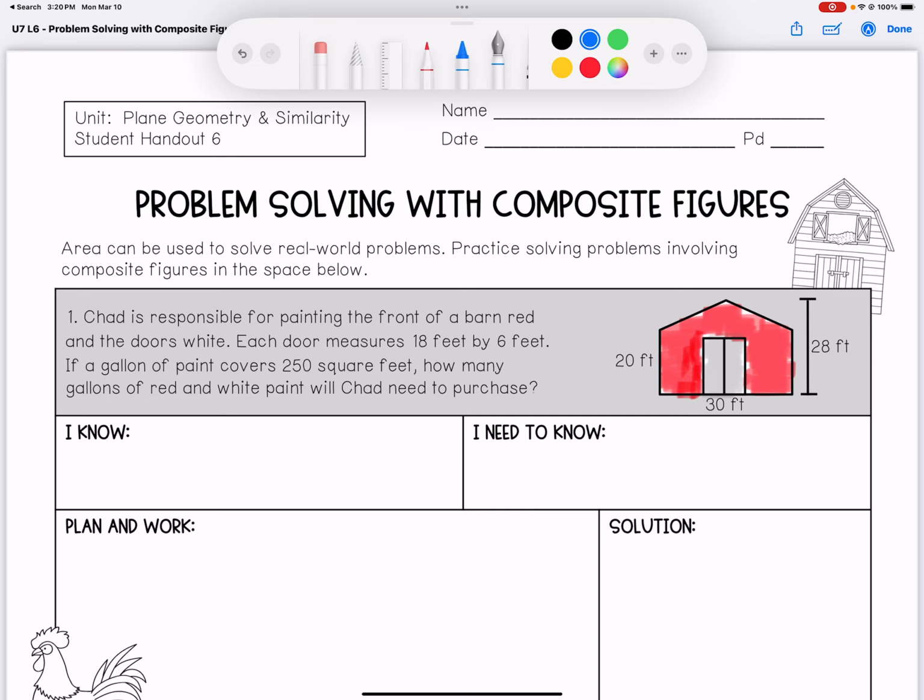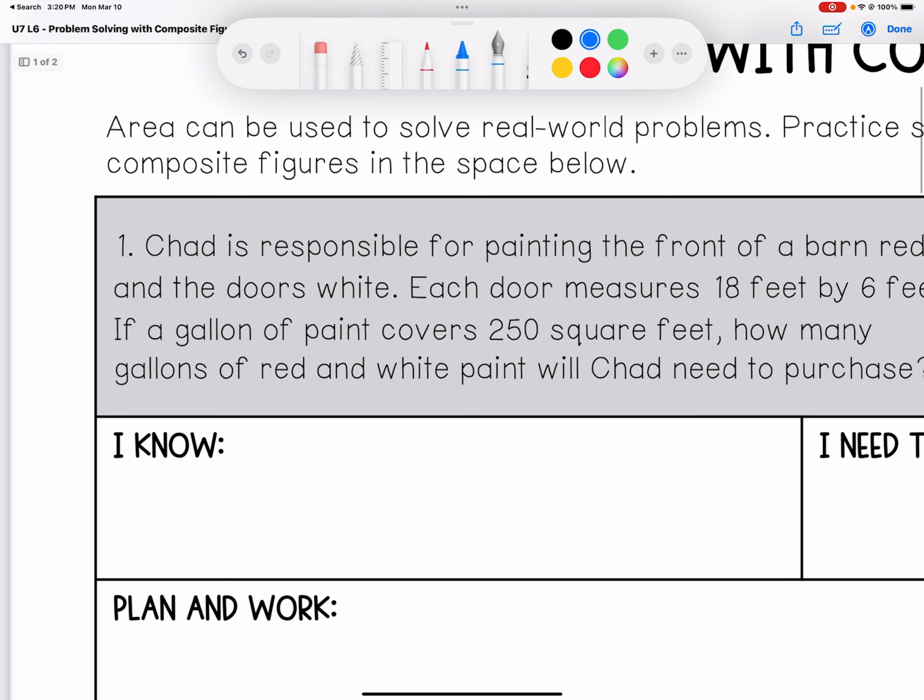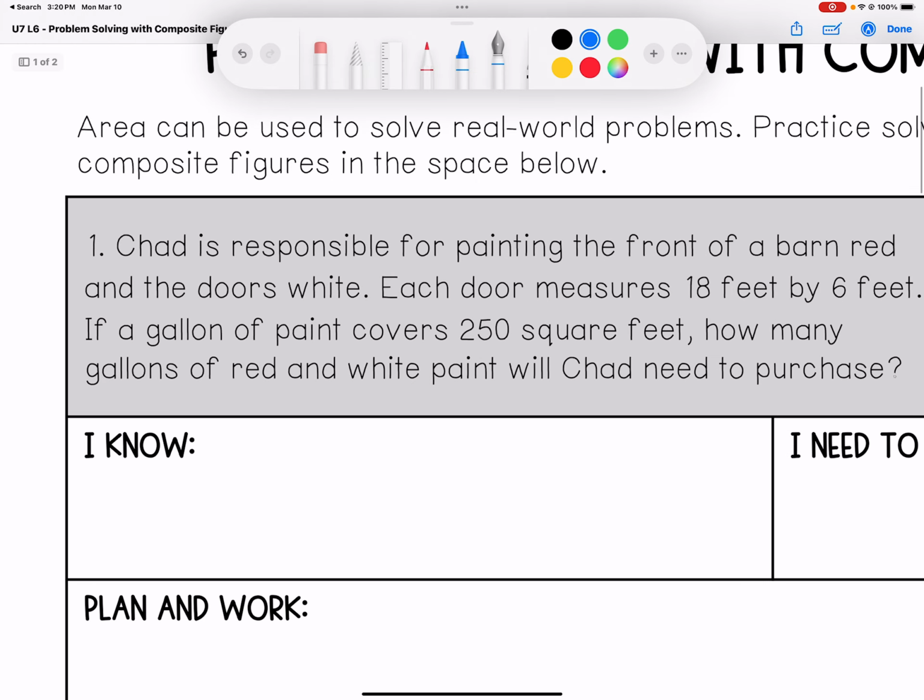All right, what do I know? First of all, I know that each door is 18 by 6. Two doors. That's one thing I know.